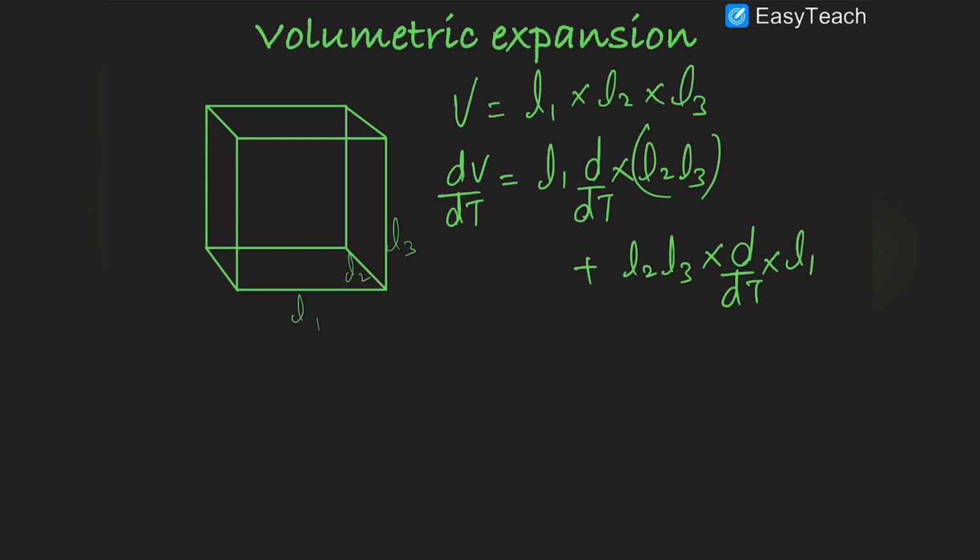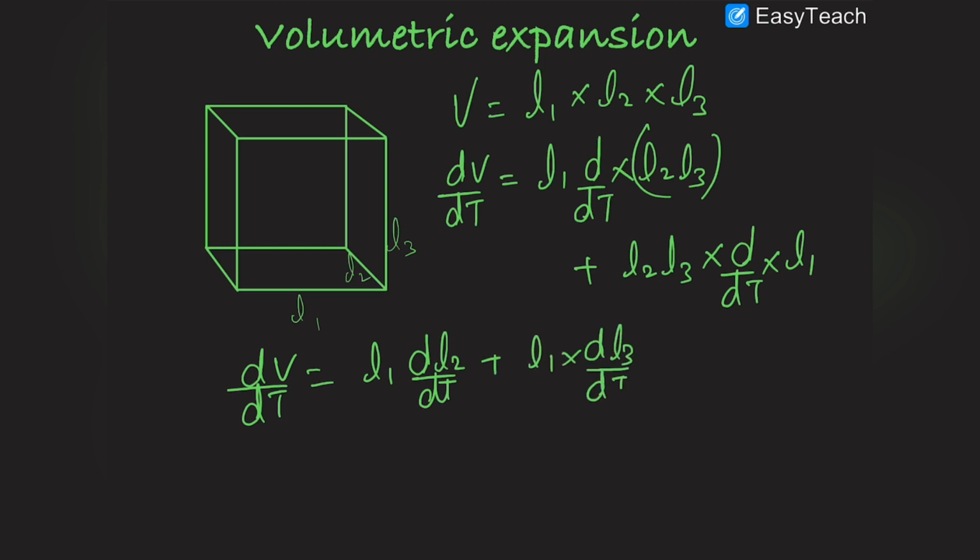So dV by dt would be equal to L1 L3 into dL2 by dt plus L1 L2 into dL3 by dt plus L2 L3 into dL1 by dt.